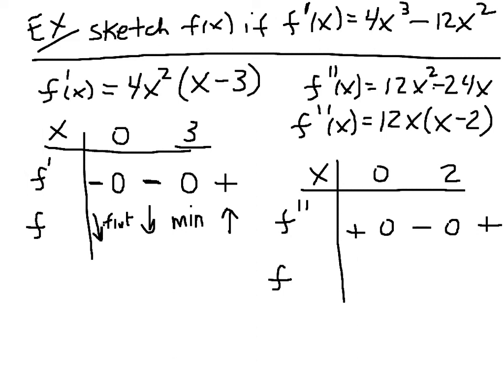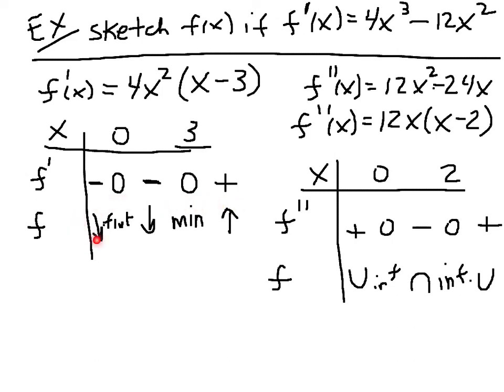If the second derivative is positive, the function is concave up, concave down, concave up. And so right here, let's see if I can do it, we have inflection. And right here, we have inflection. And so those are all the key ideas that'll help us graph the function f.